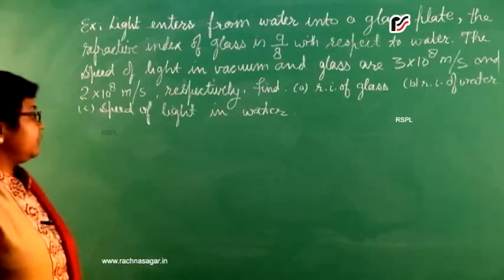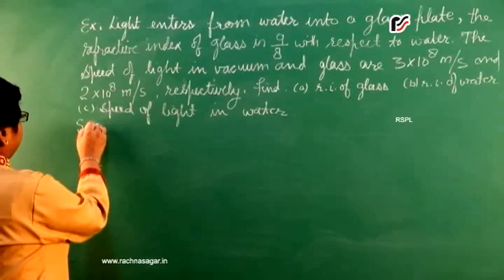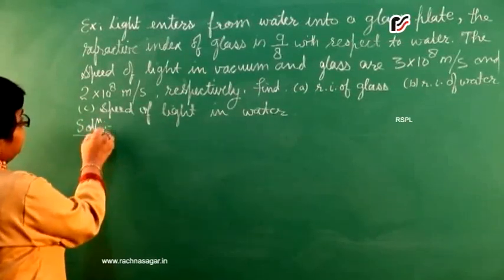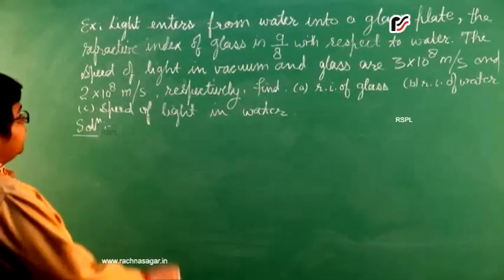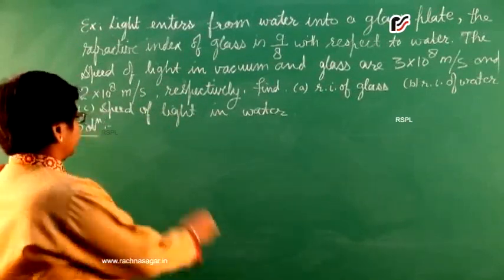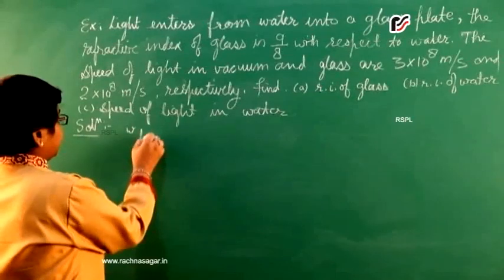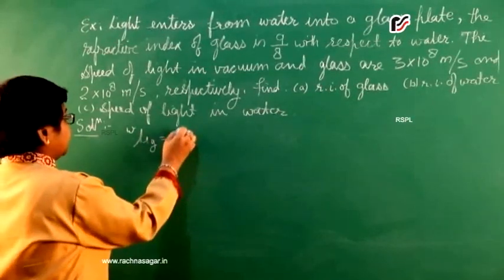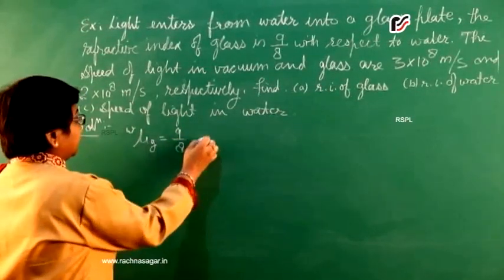First we analyze the question. Here the refractive index of glass with respect to water is given, that is W mu G is 9/8.